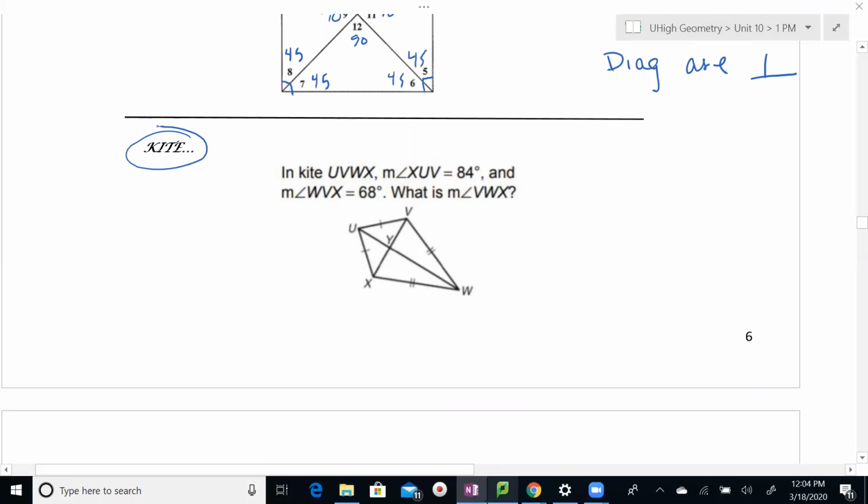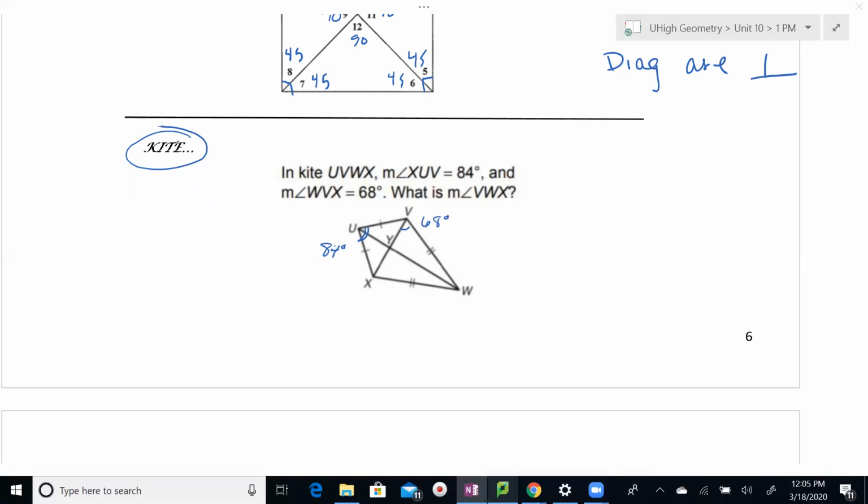So in this kite, we know that the measure of angle XUV is 84 degrees. So let's go ahead and label that. XUV, that one is going to be 84 degrees. And WVX is going to be 68 degrees.